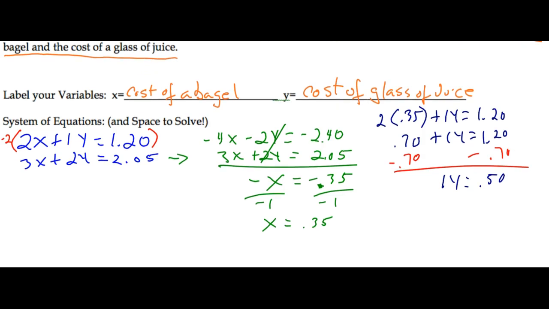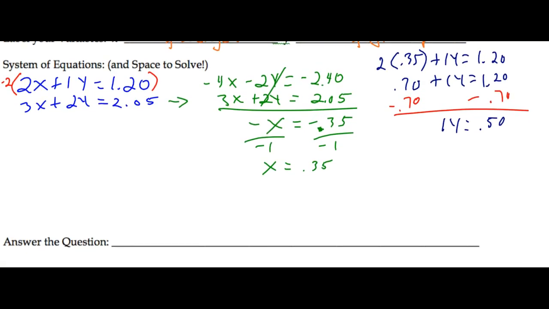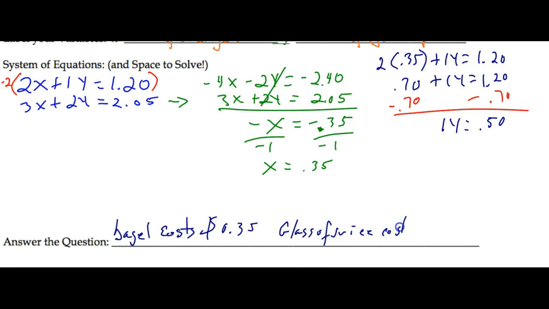So then to go ahead and answer the question, a bagel costs 0.35 or 35 cents, and a glass of juice costs $0.50 or 50 cents.